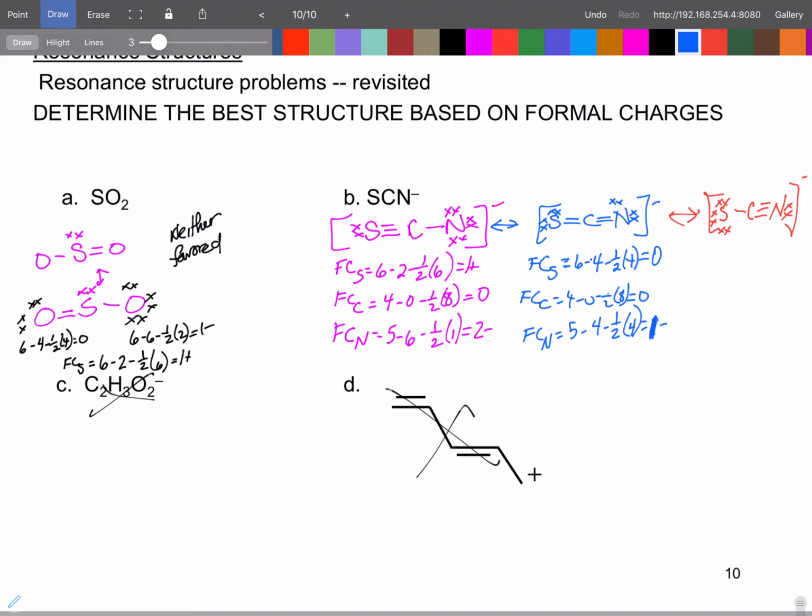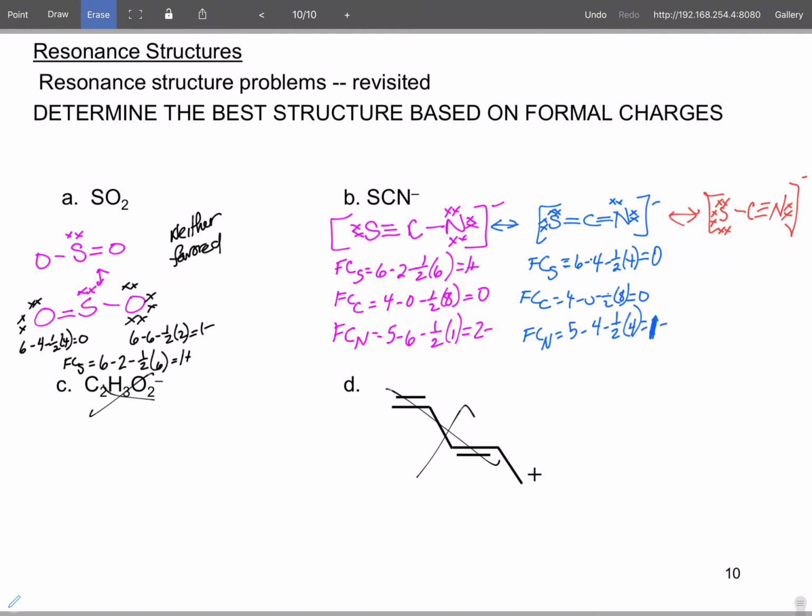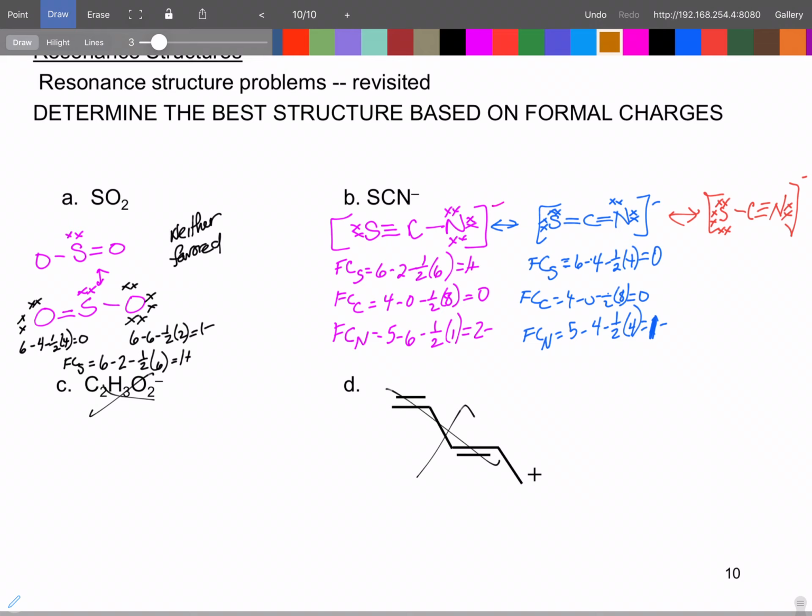All right, the last one then is the formal charge of sulfur, which is 6 minus 6 minus 1/2 of 2, which is 1 minus.